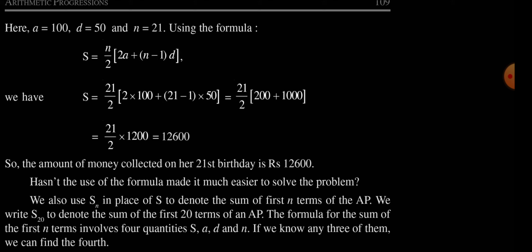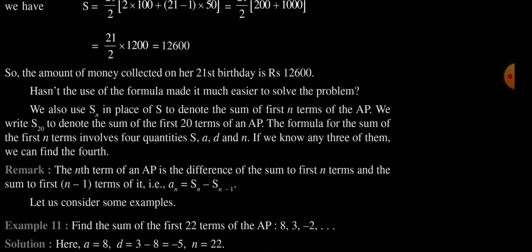Using the formula S is equal to n upon 2 [2a plus (n minus 1) d], we have S is equal to 21 upon 2 [2 into 100 plus (21 minus 1) into 50] is equal to 21 upon 2 [200 plus 1000] is equal to 21 upon 2 into 1200 is equal to 12,600.